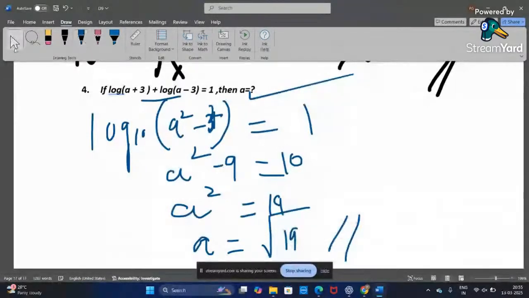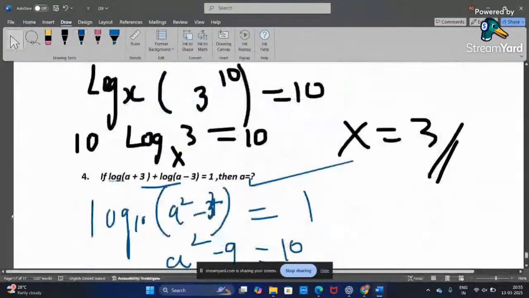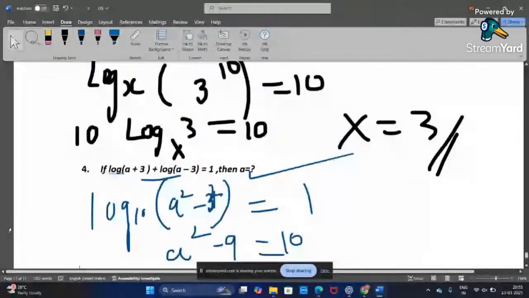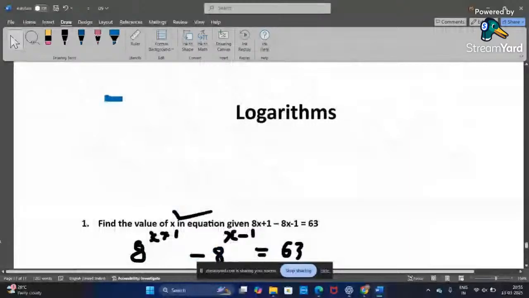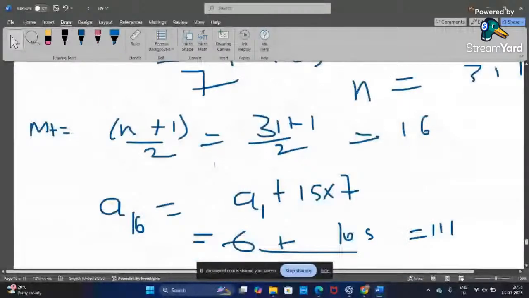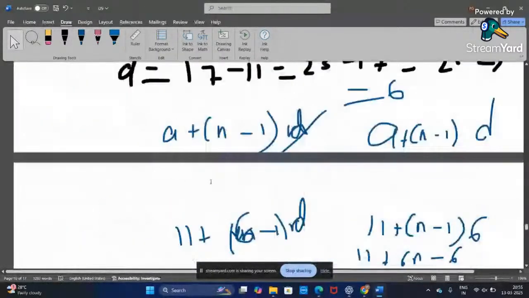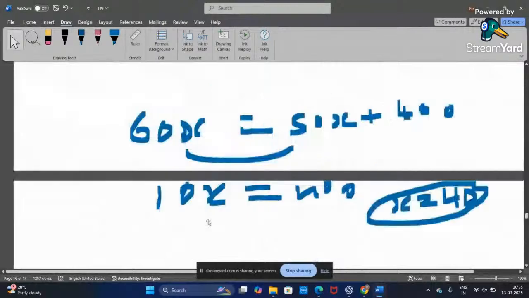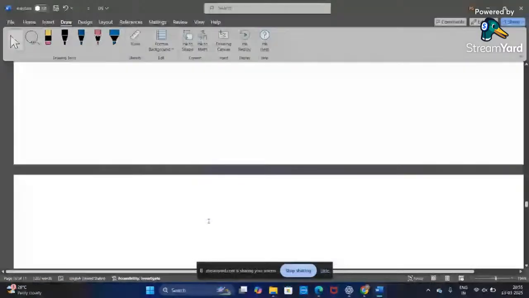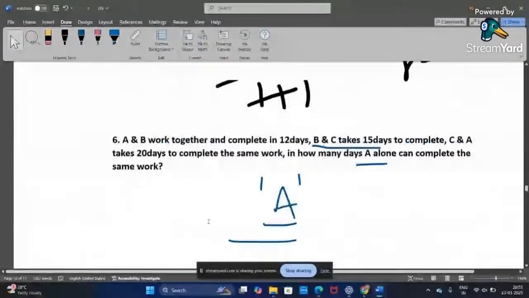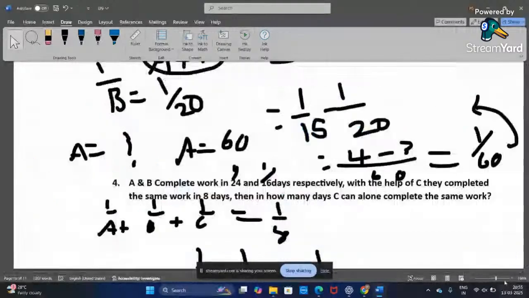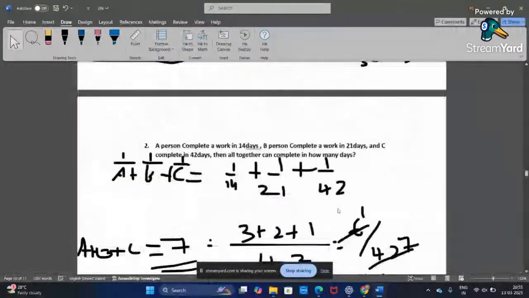So today we have completed logarithms, progressions, time and work. These are the problems we solved on time and work.